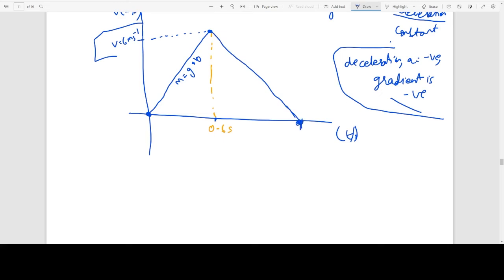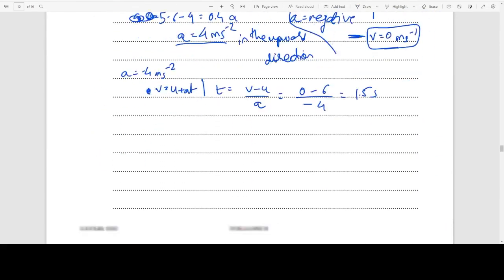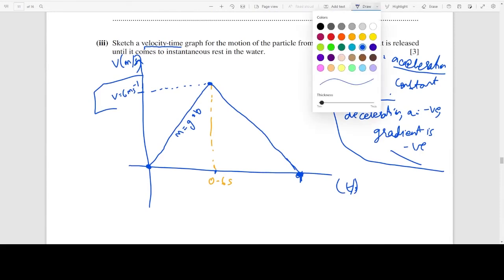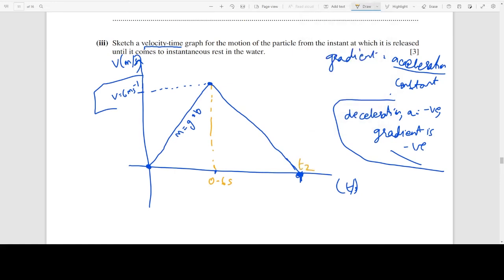Here we just have to find the time t. It's taking 1.5 seconds from the moment it touches the water surface. So this time t2 is going to be 1.5 plus 0.6, because it's after the 0.6 seconds have elapsed. So this is going to be 2.1.